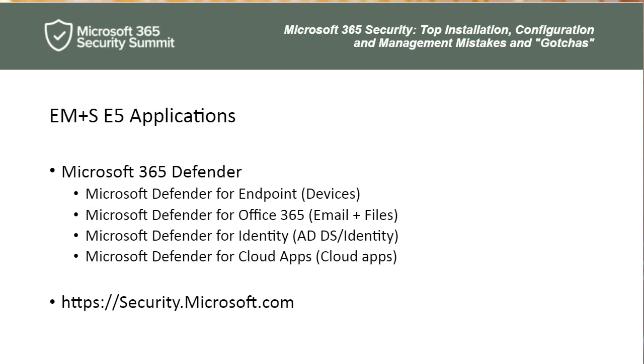I believe the names I have are correct and up to date as of the last couple of weeks while I put this presentation together, with the caveat that things change pretty quickly in Office 365. The documentation doesn't always reflect the names I have up here on the screen.